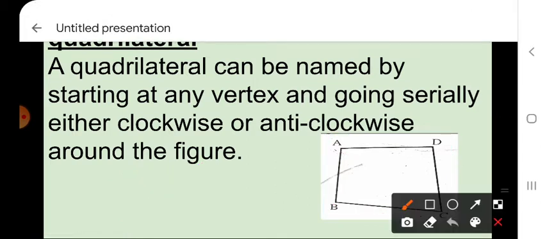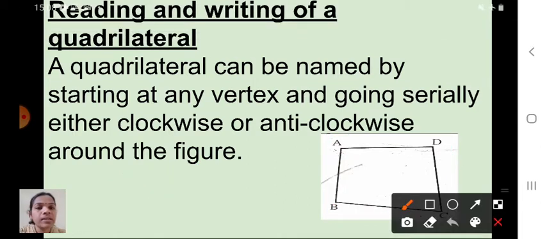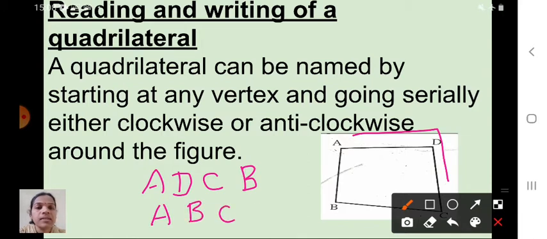So how do I have to write the name here? Otherwise I can write A, next vertex is D, next one is C, B. Otherwise A, B, C, D. So anyway you have to write it, but it should be clockwise or anti-clockwise.